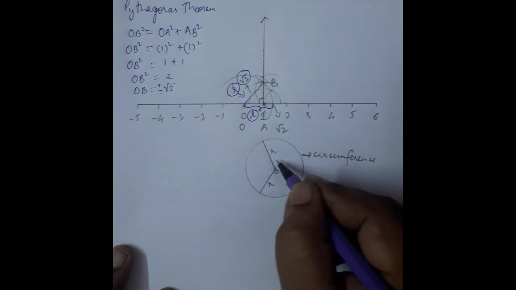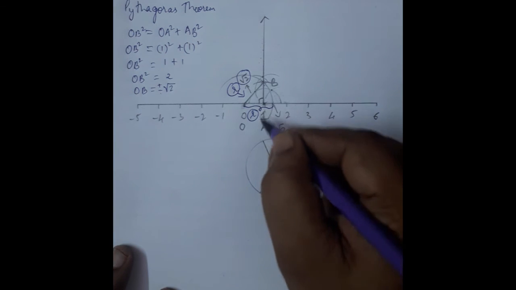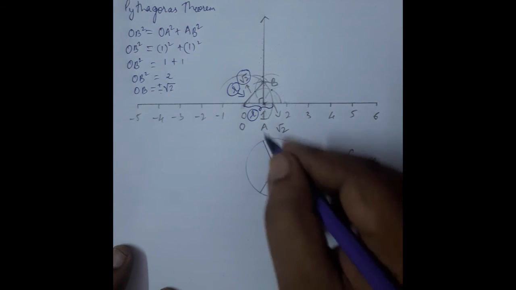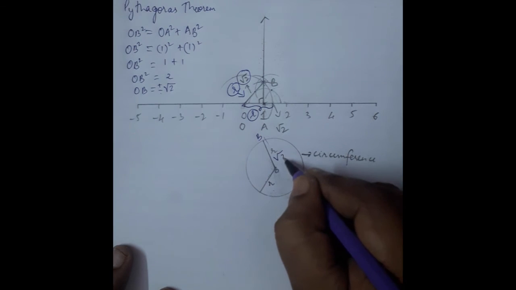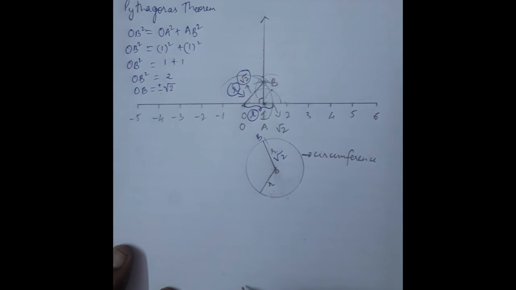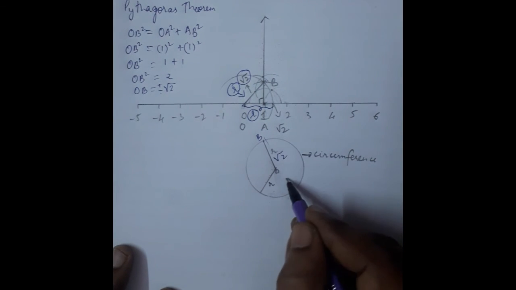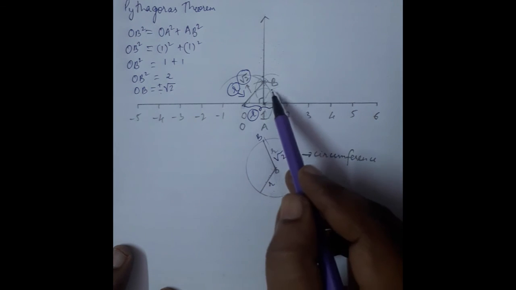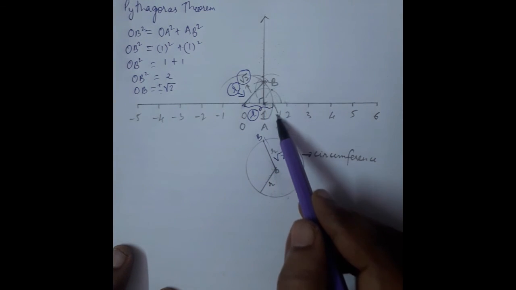So in this case, imagine this part as OB, this part as OB, and we know this is root 2. Now using this length, we constructed this entire circle over here, which I did not complete, and this circle cut this number line.